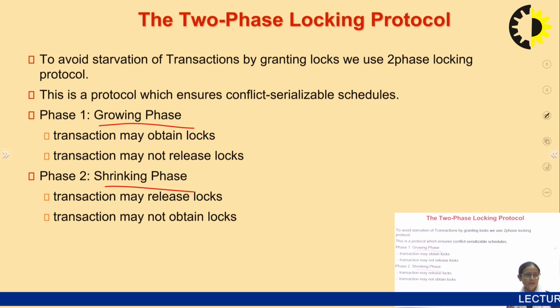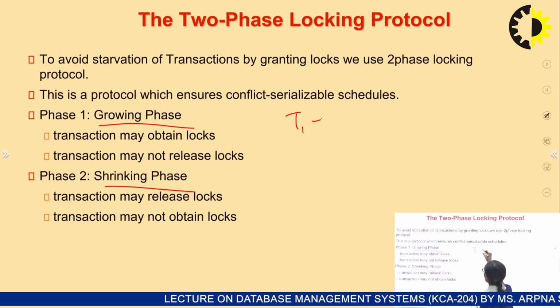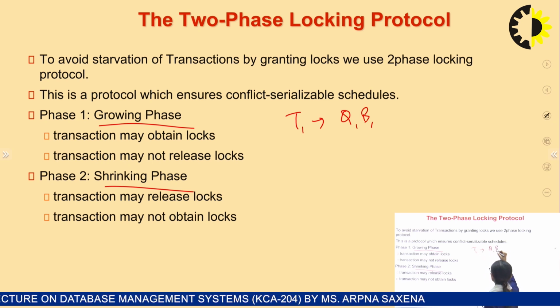Once this transaction is in the growing phase, then no locks would be released. Clear? So, suppose T1 wants to work on data items Q, P, B, and let's suppose X. Now, what is happening? It needs to lock them.